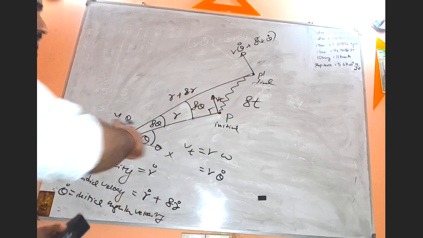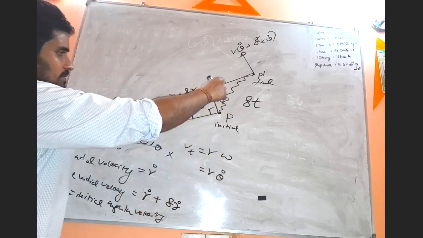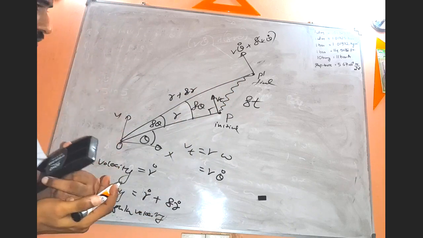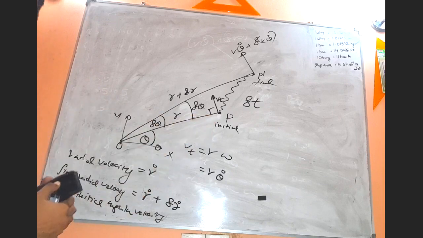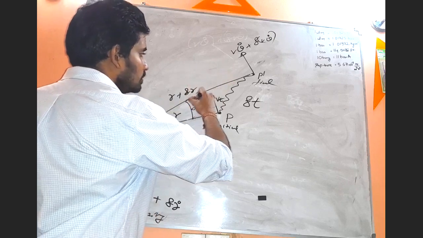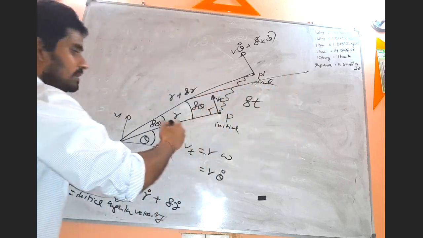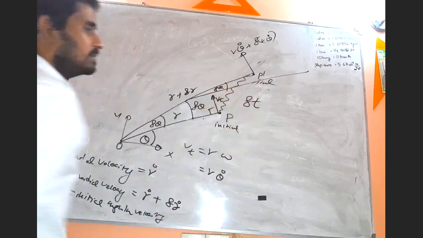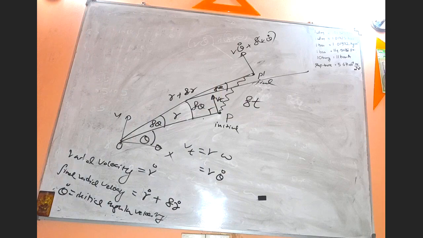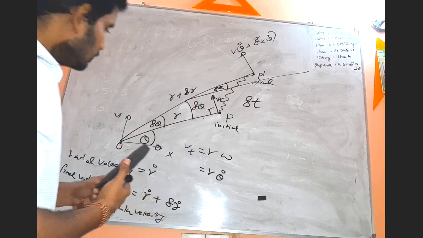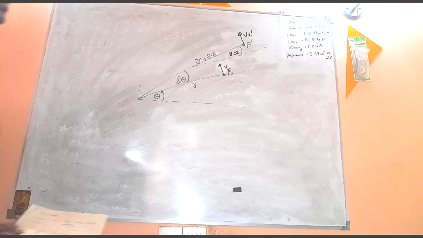Let's sketch a line that is parallel to the initial line, or parallel to the initial radius. So now this line is parallel to the initial line. Then what is this angle? Delta theta. First of all we need to identify this diagram, so now we'll see how to do that.